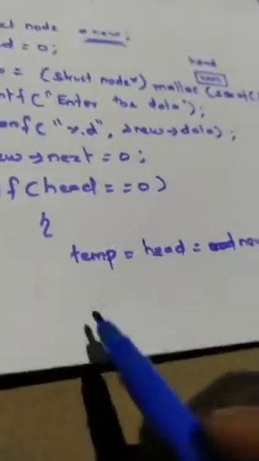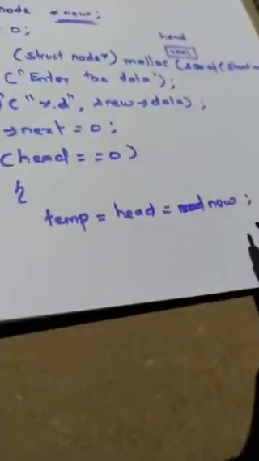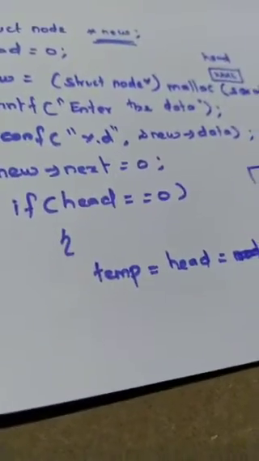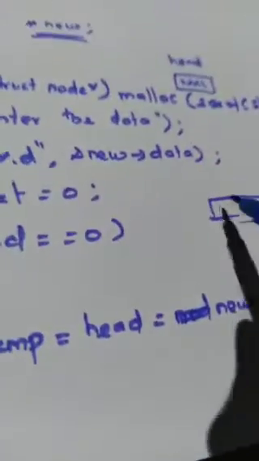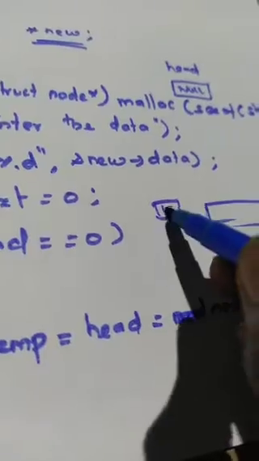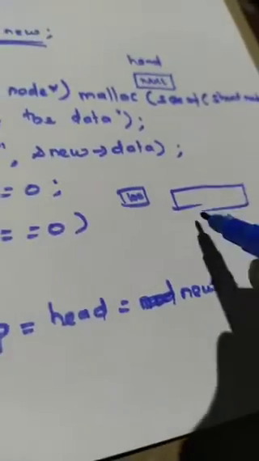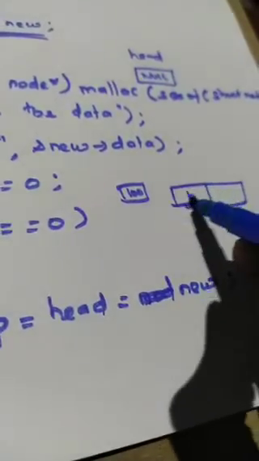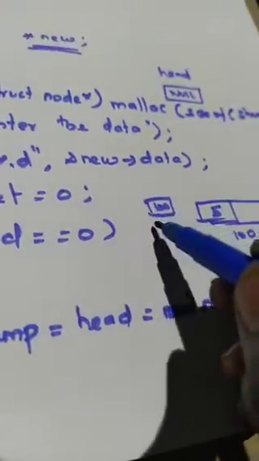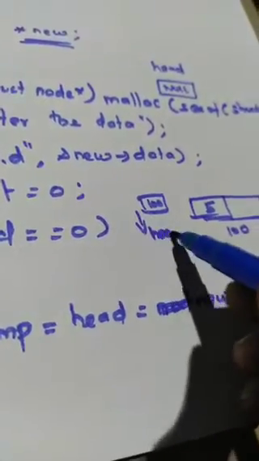Okay, so temp and head will point to the new node. See here, after inserting, the head is going to be the address 100. Okay, so my data is 5, and this one will be head now.